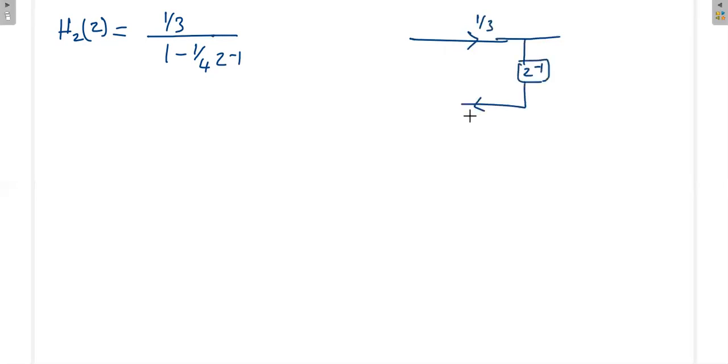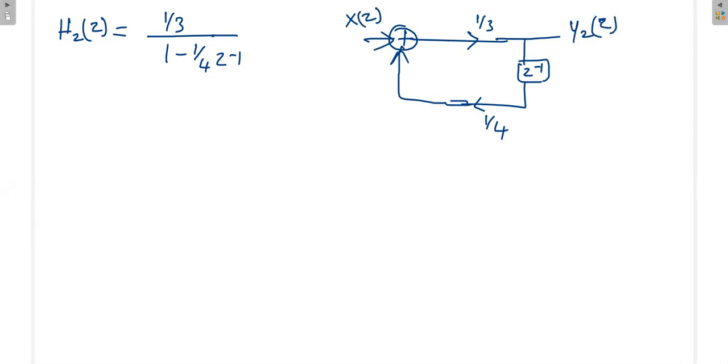Now in this case this is plus 1 by 4. It's like positive feedback. Now this is again the same input but the output is different, y2 of z.